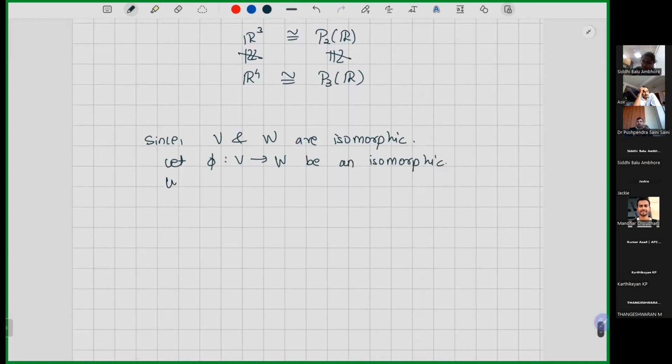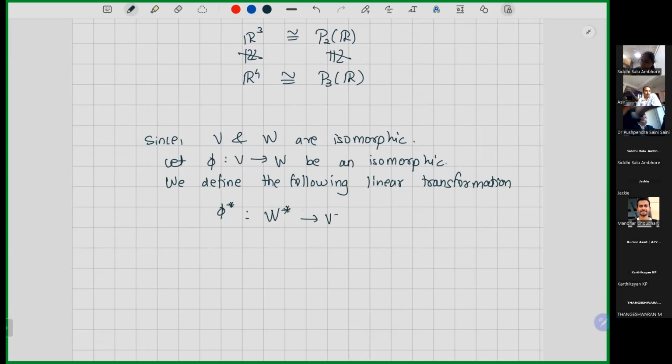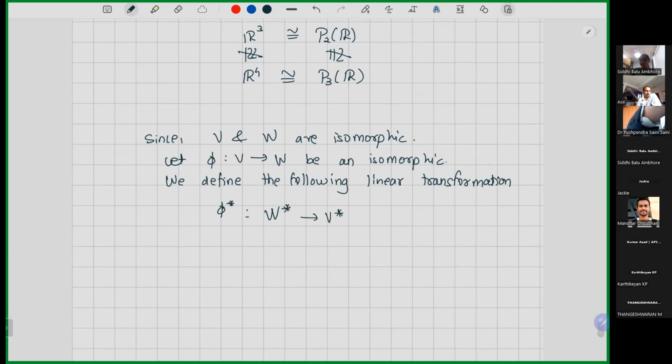And then we define the following linear transformation phi star from W star to V star. Now the direction has changed. How?